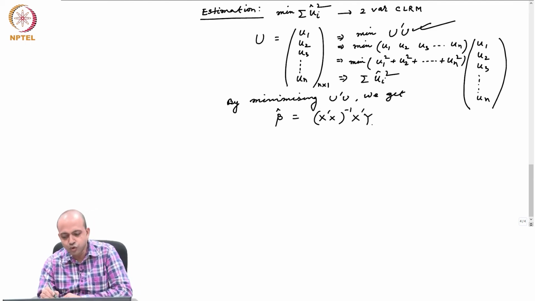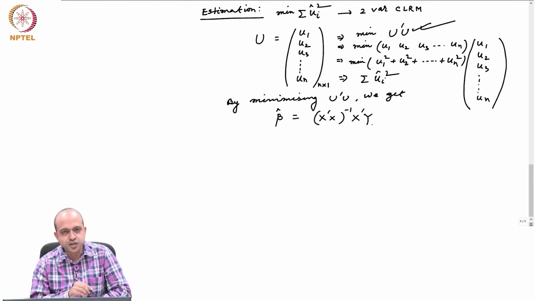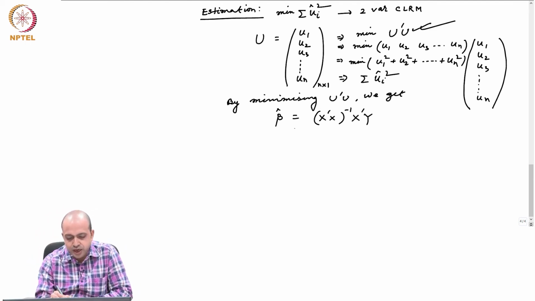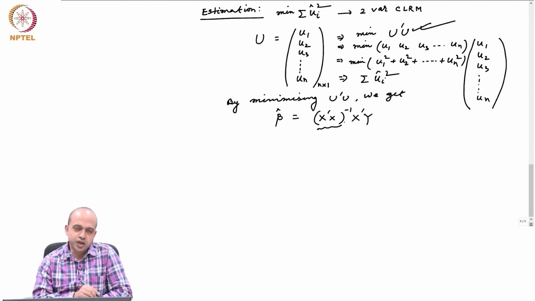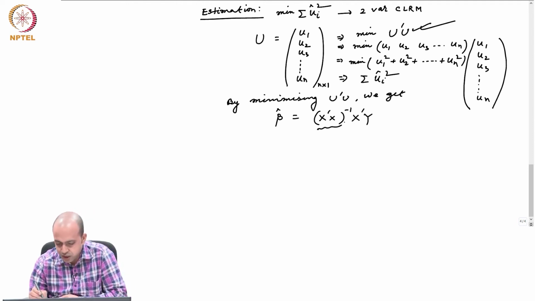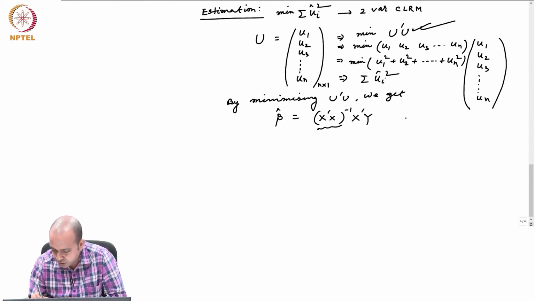To get beta hat we need to derive the inverse of this matrix. The inverse of a simple matrix x, as you all know, is adjoint x by determinant x.